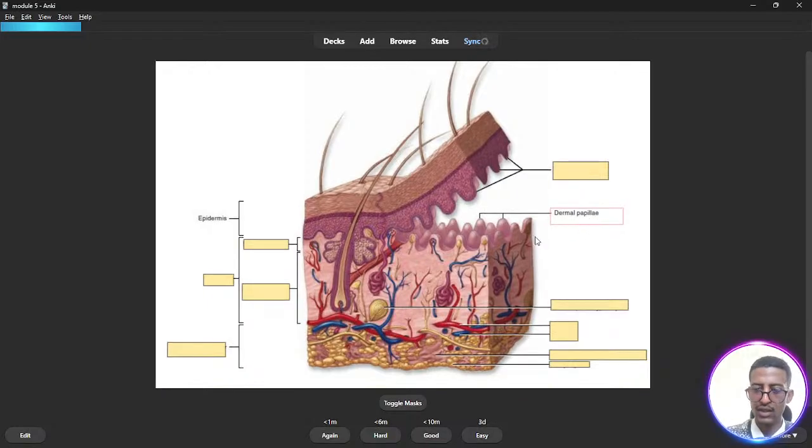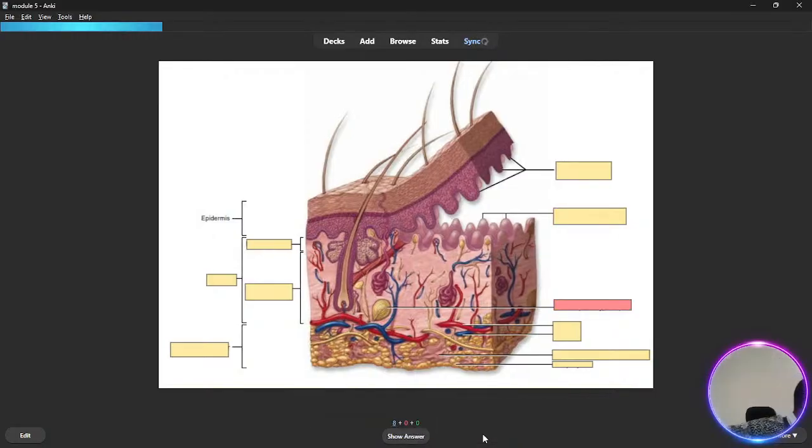Dermal papilla. Okay. Hey, this is tactile.